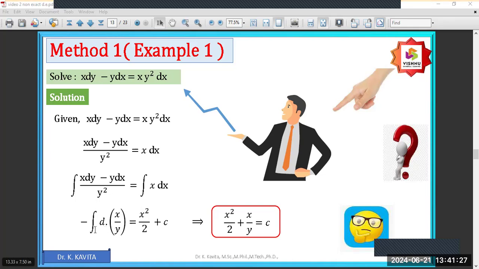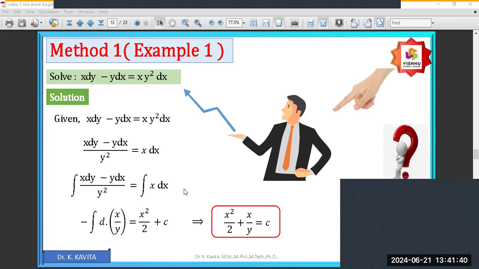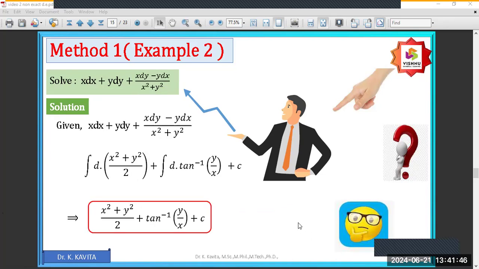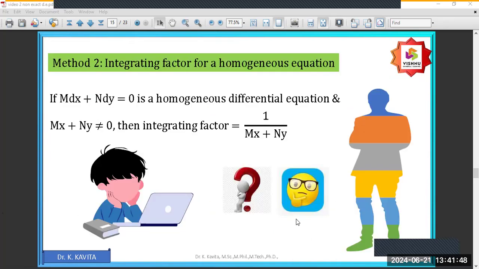So we write x by y, but since dy is there, we have to change the sign, putting in the negative and writing the formula d of x by y equals, and integrating x dx equals x square by 2 plus c.